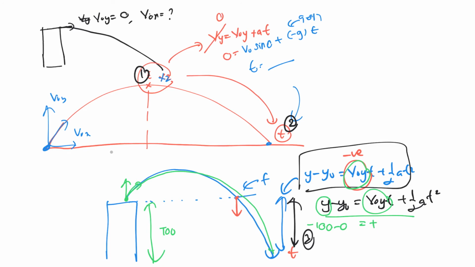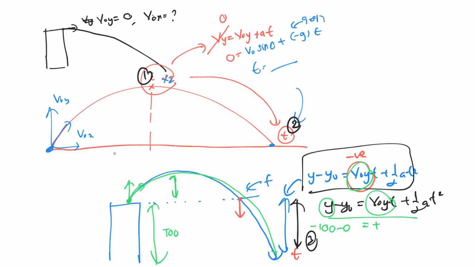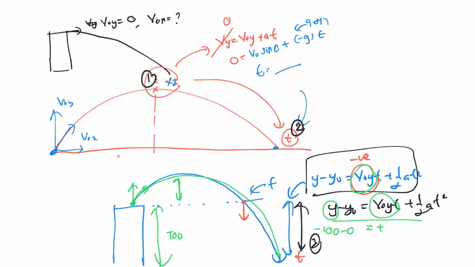Okay, maybe some of you feel that, Miss, we didn't put the distance here. Like displacement, you throw from this point and then you reach the same point. So what happened here is displacement is going to be 0, because y minus y naught equals V naught y t plus half a t squared.